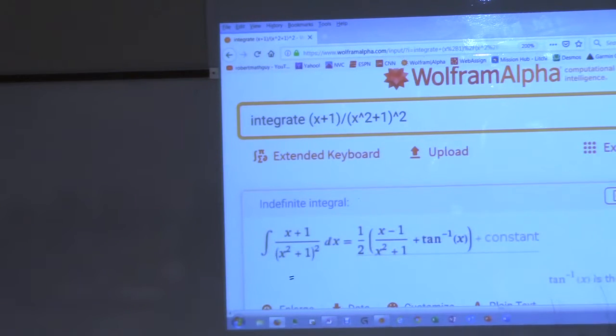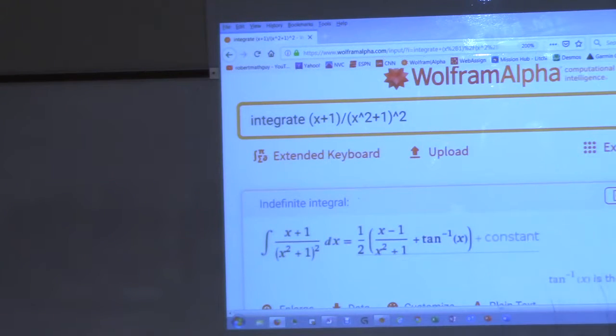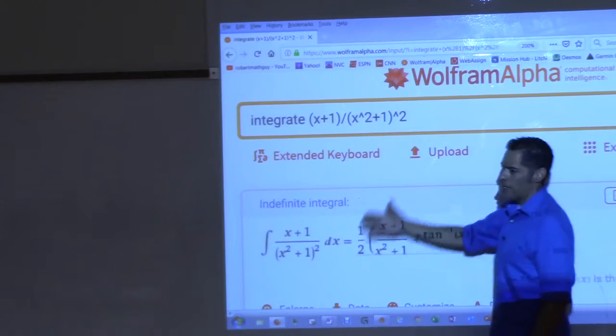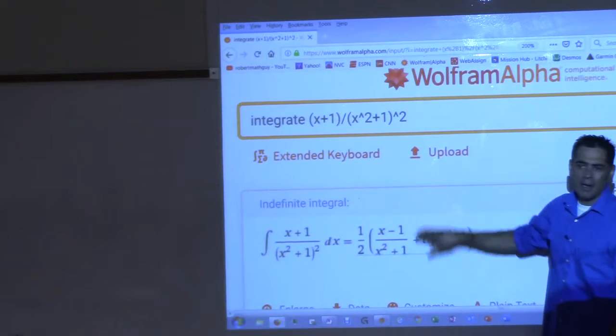I think it's a little easier to just type it into Wolfram. But this again goes back to, why are we doing this? If we can go to Wolfram Alpha and do this, why are we doing it? Because anybody can do this.